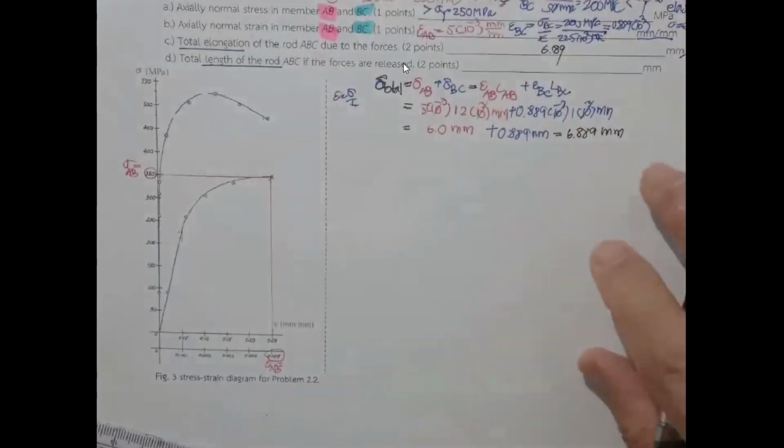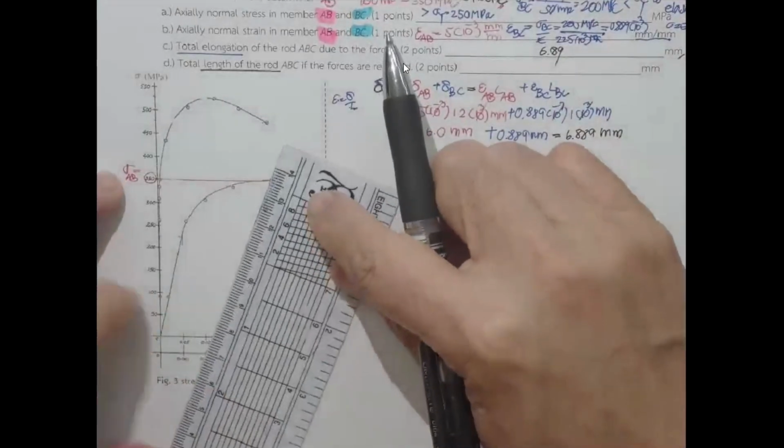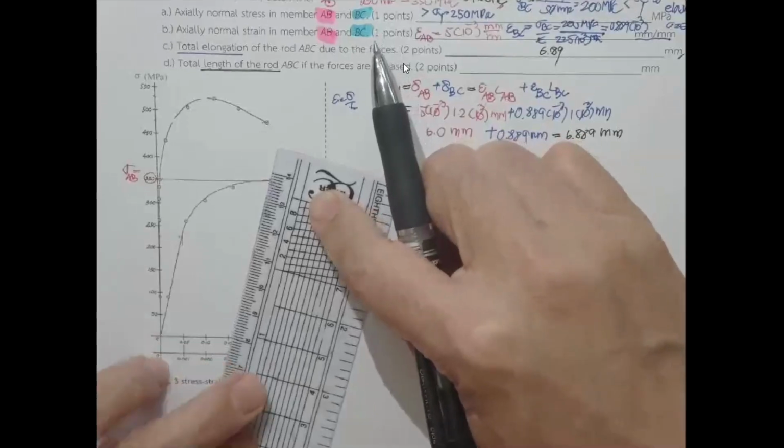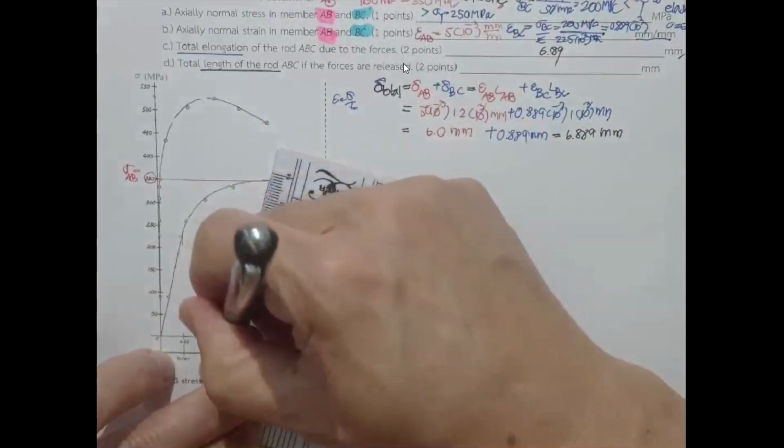We come back to our graph and do the same way. The strain hardening, this one will return like over here.